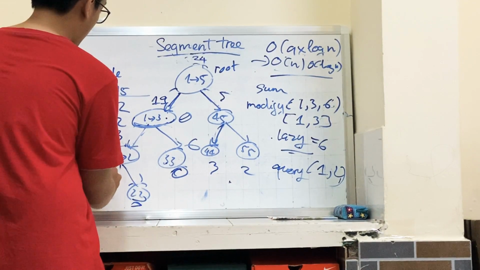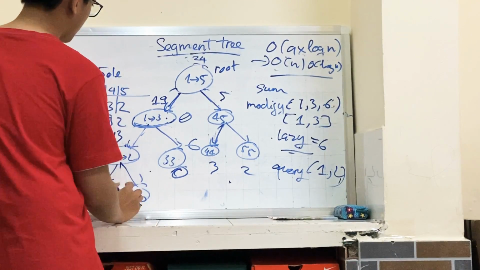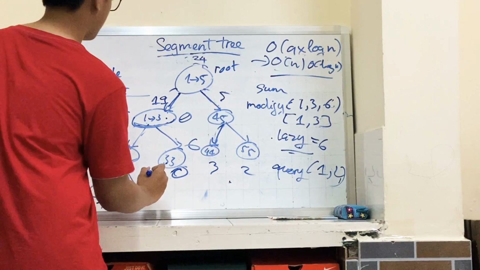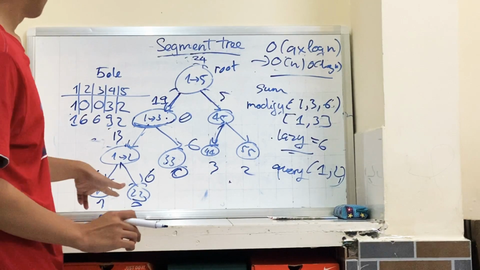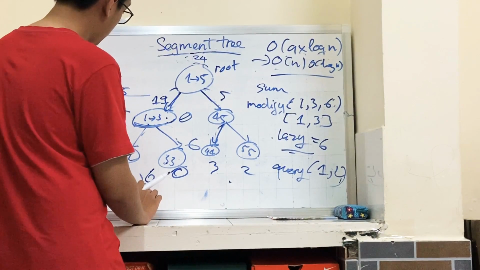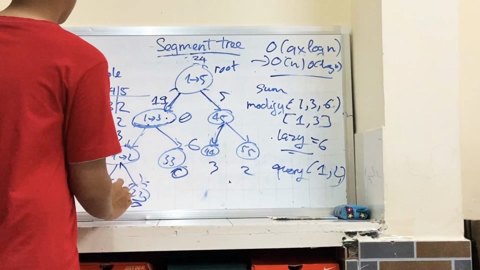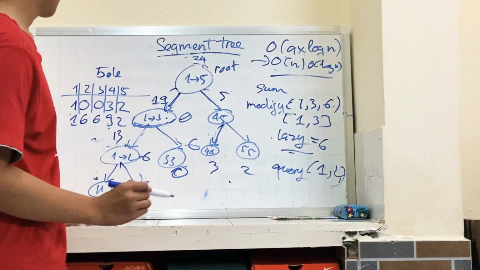And you push the value to leaf nodes. Actually the lazy is still 6 at this point.